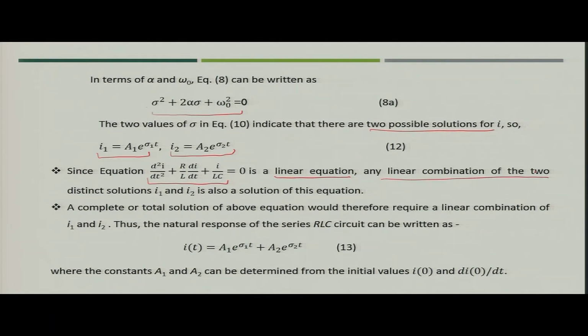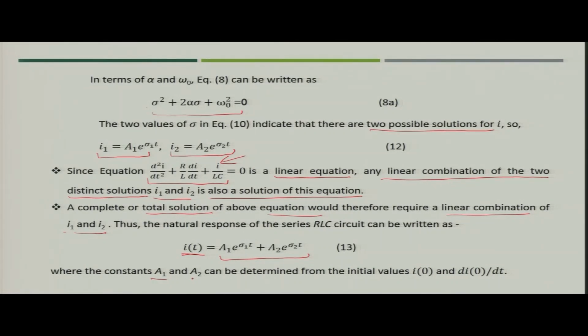So, any linear combination of the two distinct solutions I1 and I2 is also a solution of this equation. A complete solution of the above equation would therefore require a linear combination of I1 and I2. So, we can write I is A1 e to the power sigma 1 t plus A2 e to the power sigma 2 t. This would be the total solution of the second order equation related to our series RLC circuit.